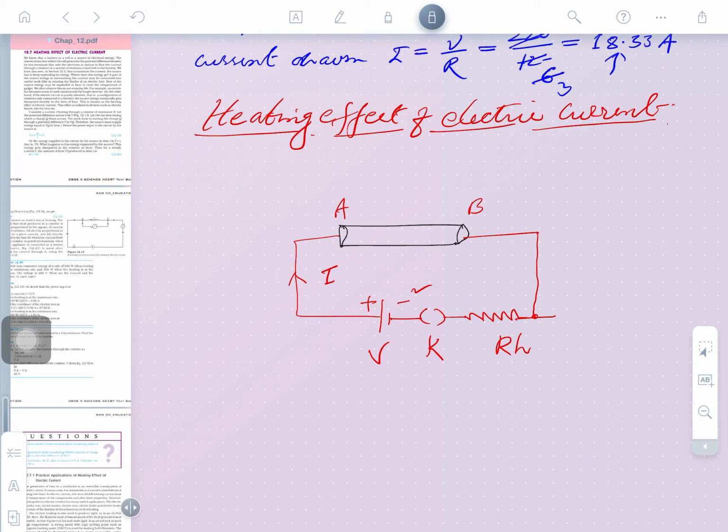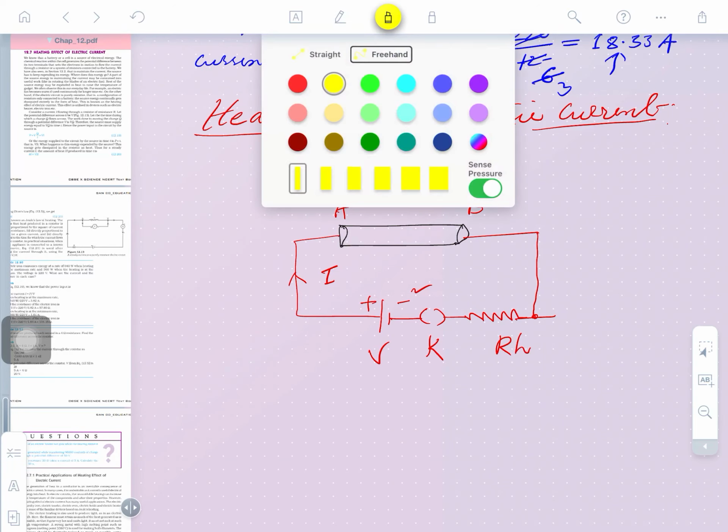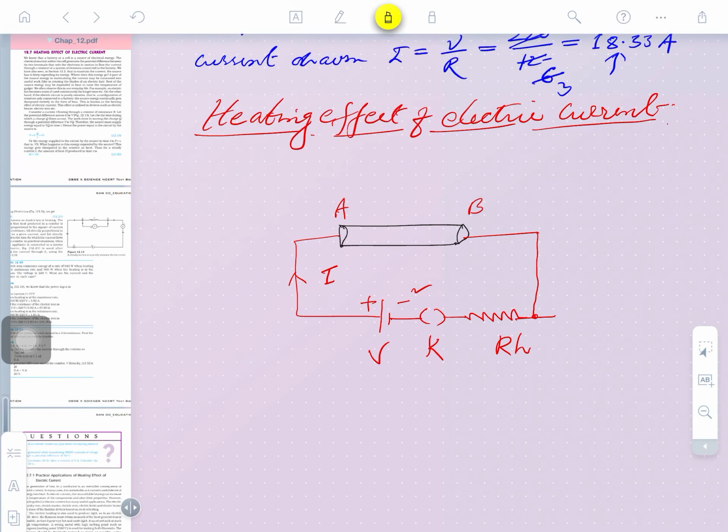So you might have observed that the surface of the conductor becomes hot. It means, obviously, that heat is produced here. The surface of the conductor becomes hot, the heat is produced as a result of the passing of current. So where is the heat coming from?